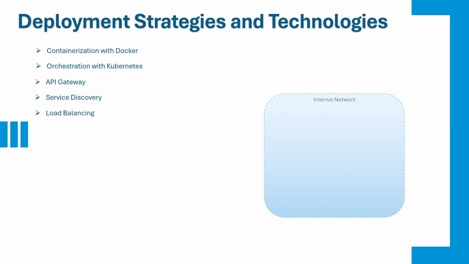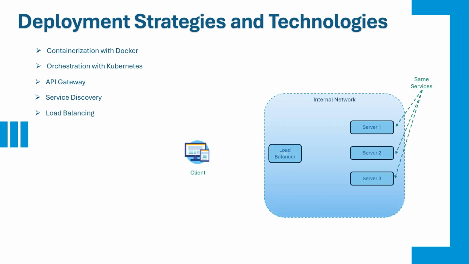Load balancing is a critical component in microservices architecture that distributes incoming network traffic across multiple service instances. This ensures that no single server becomes overwhelmed, leading to improved performance and reliability of applications.